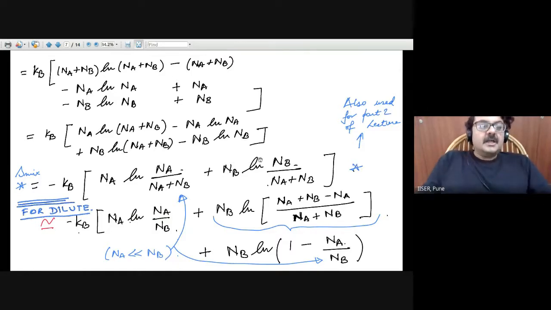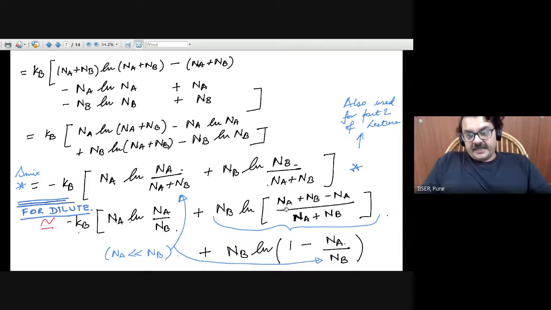But for dilute solutions, we are going to say that Na is much less than Nb. So in the denominator, we are going to neglect Na compared to Nb. Hence, this becomes Na by Nb plus Nb into, now see, there's the Nb here. We are adding an Na here and subtracting an Na here.